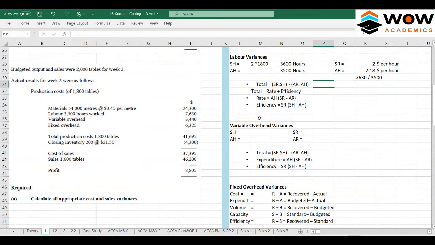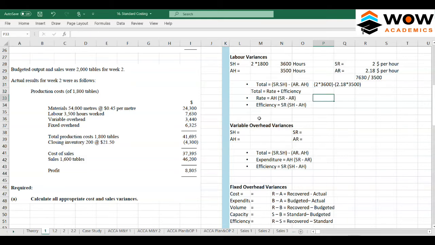Now we will find the formulas and get the answer. SR is 2, SH is 3600, and AR is 2.18 into AH is 3500. We'll work out all the ratios, then compute the answer.